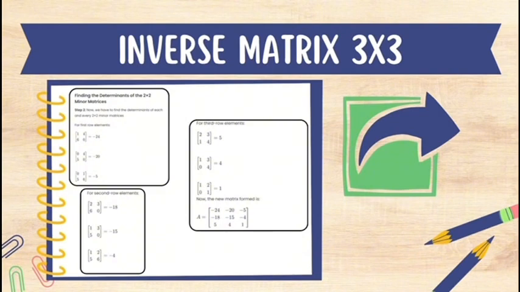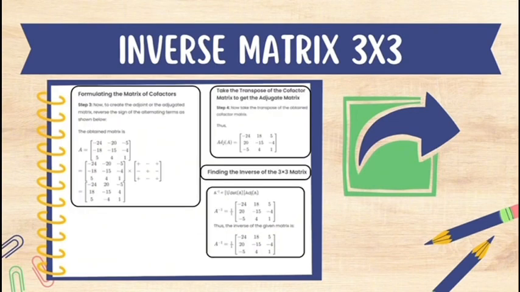Now the new matrix formed is negative 24, negative 20, negative 5, negative 18, negative 15, negative 4, 5, 4, and lastly 1. Now step 3, we're going to form the matrix of cofactors.